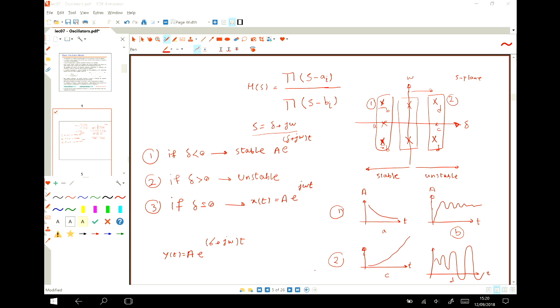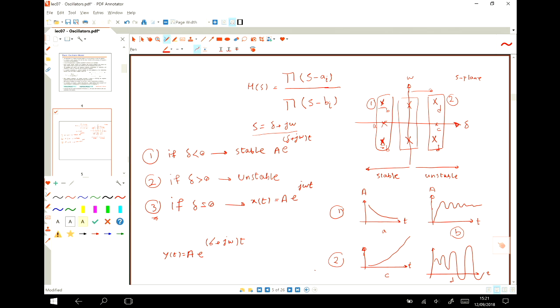Okay? But if sigma equals 0, I mean the condition that I mentioned here as condition number 3, it means that we can have oscillation. But usually, in reality, we cannot, because the condition of the system is always changing because of the noise, so this point is moving either to the left hand or to the right hand side of the plane.